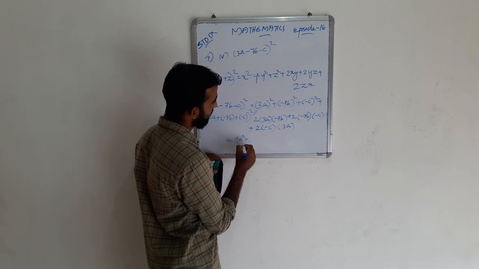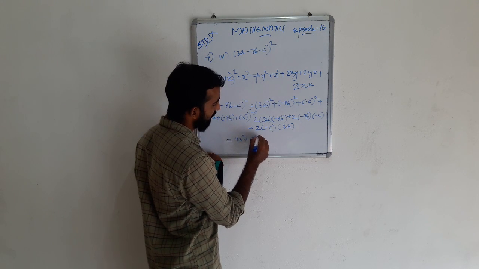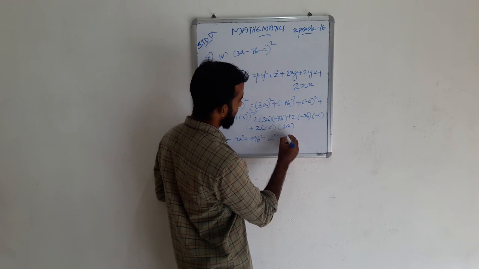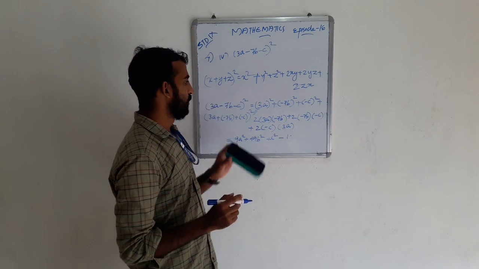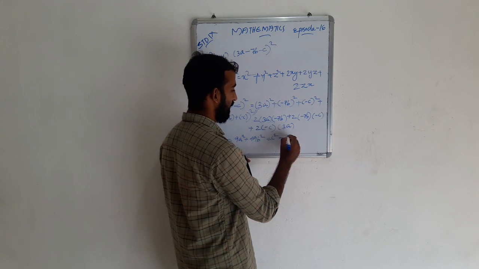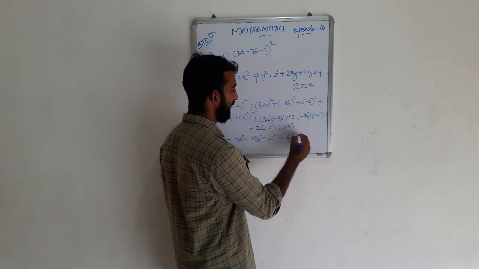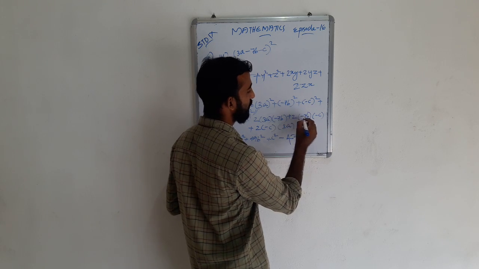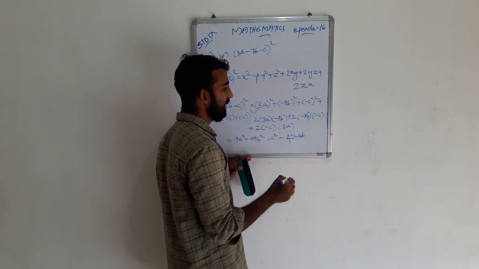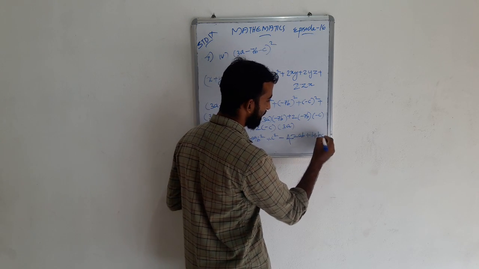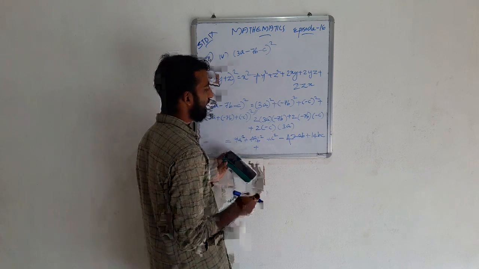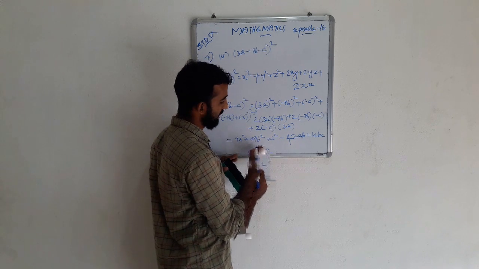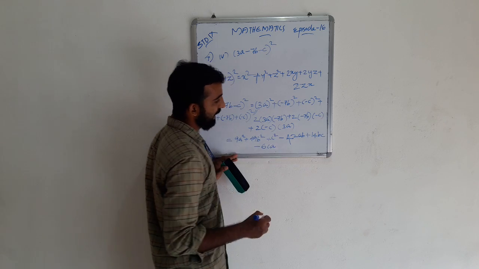That is what we get: 9a square plus 49b square plus c square minus 2 into 3, 6, 6 into 7, 42ab, plus 2 into negative 7 into negative 1, that is 14bc, plus, here not plus because 2 into 3 is 6, 6 into negative 1, minus 6, that is negative 6ca.